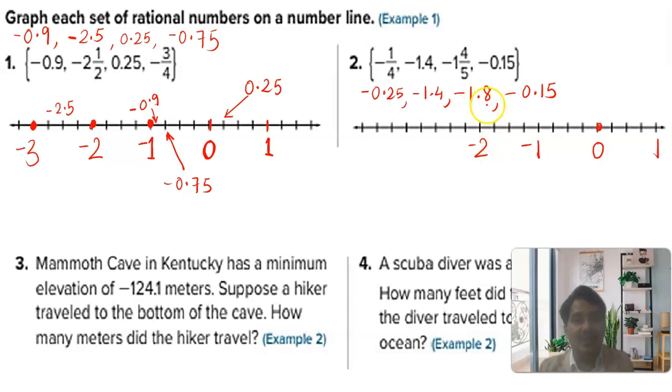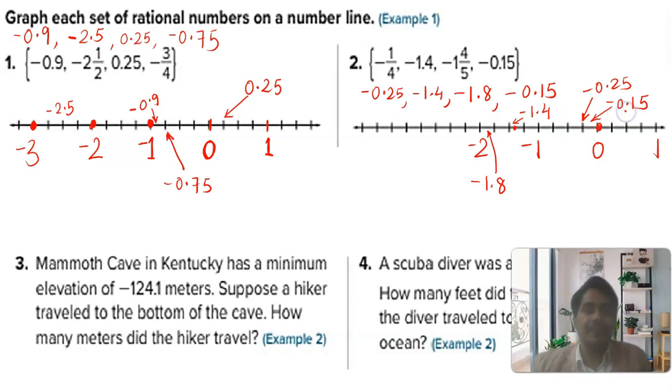The smallest one is negative 1.8, which will be somewhere here. Then we have negative 1.4, which will be close to 1.5, negative 1.4, and then we have negative 0.25, which will be between 0 and 1, and then we also have negative 0.15, which will be somewhere here.